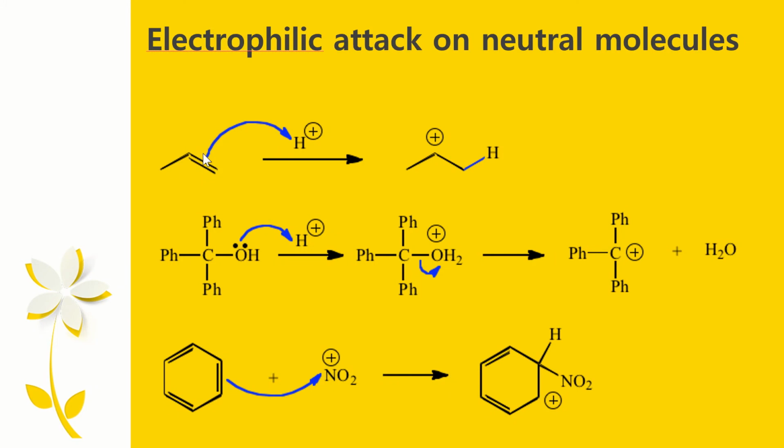And so one of the bonds will break, and so it will generate a carbocation. And just some other examples here where we have an alcohol, so it is protonated, and now we have a good leaving group in the form of water. And so this carbon-oxygen bond can break easily to quench positive charge and to form a very stable carbocation here.